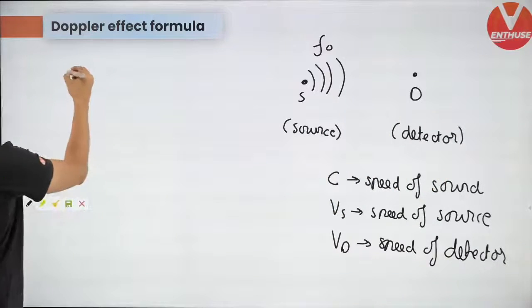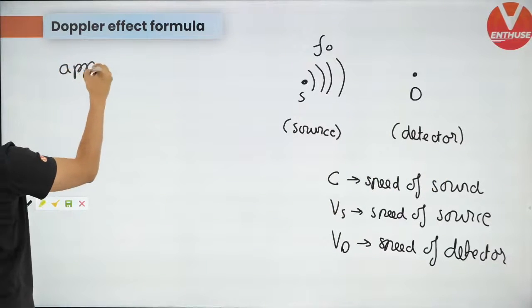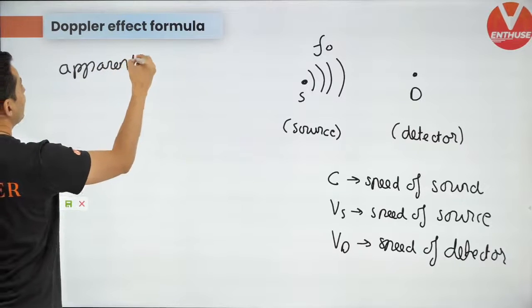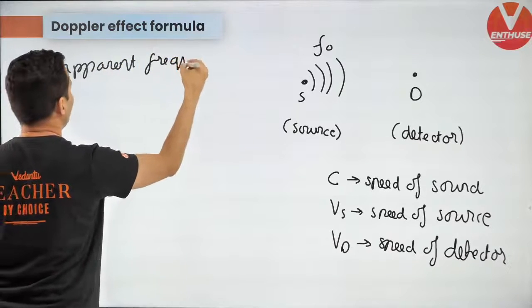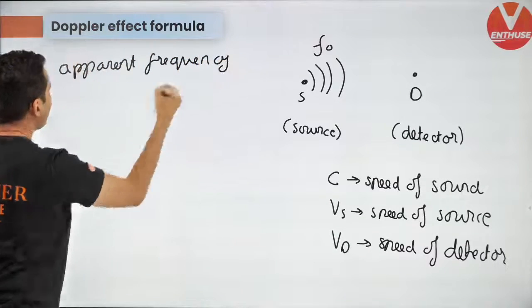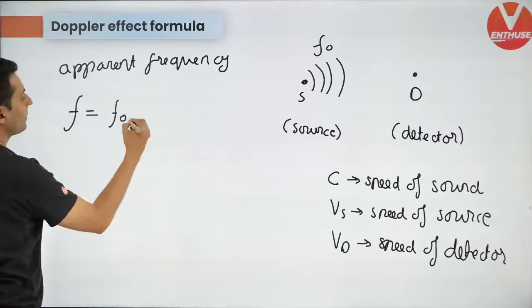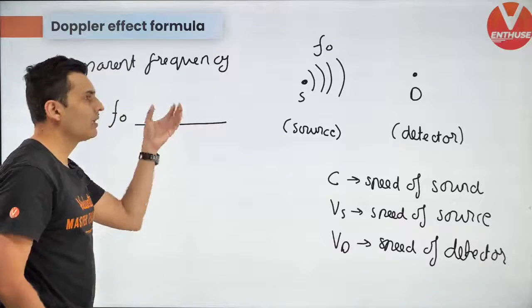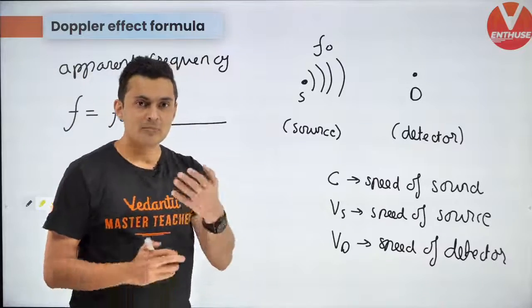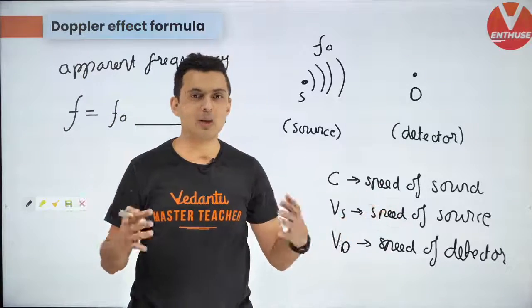Then the apparent frequency, means the frequency which is heard by the detector, is, first of all, f0 into a fraction.